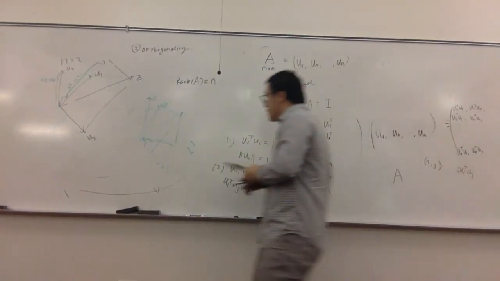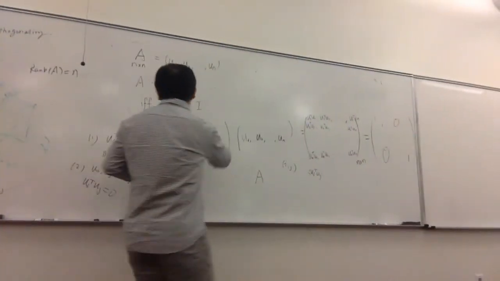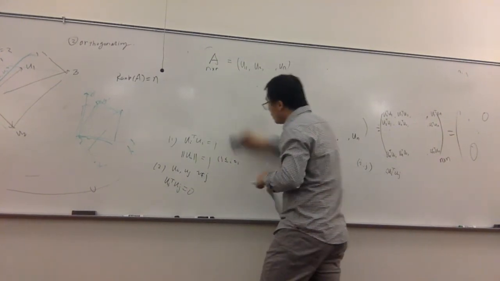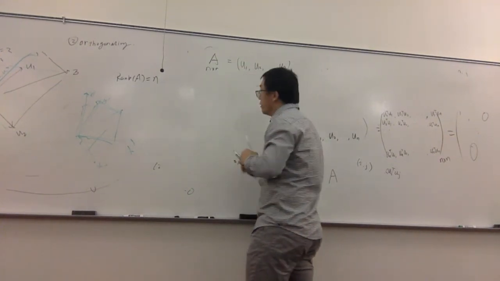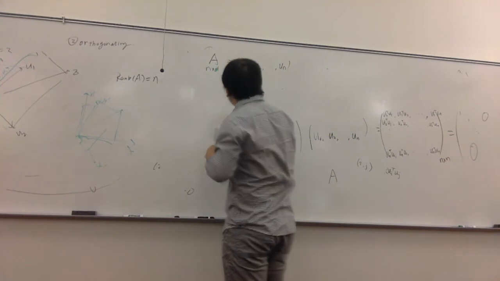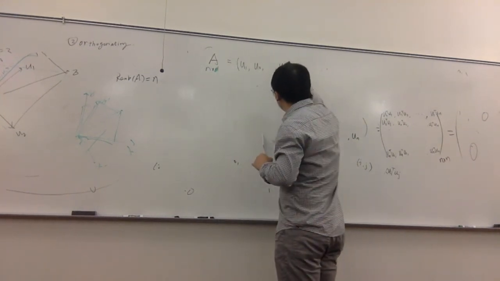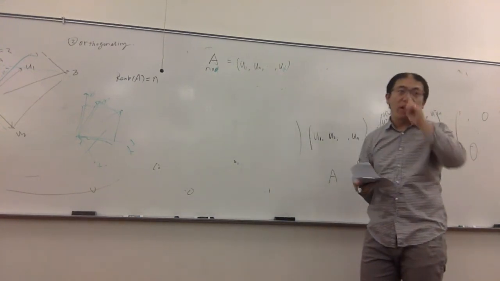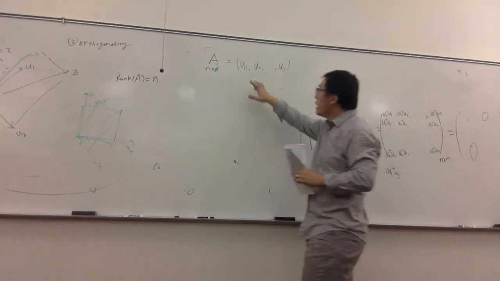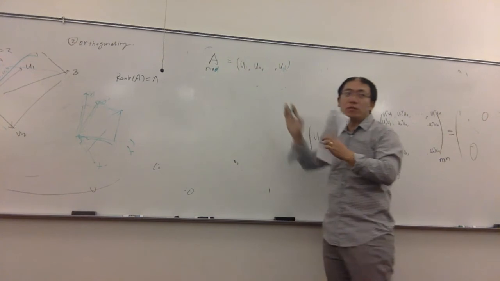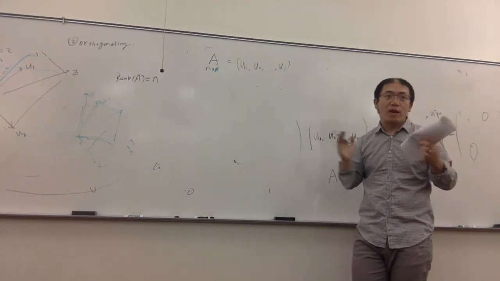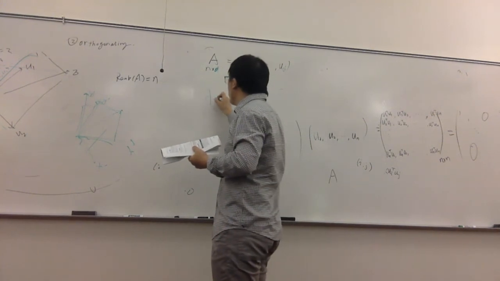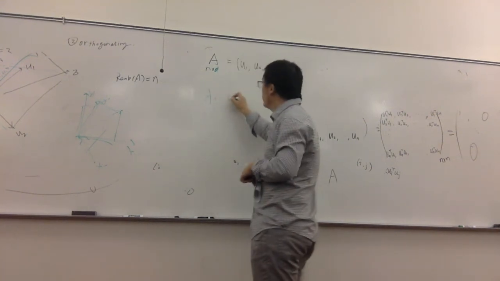And sometimes the matrix A is not a square matrix. Suppose it is just an n by d matrix, meaning that we only have d vectors. But if those d vectors are unit vectors and also orthogonal to each other, then we call this matrix A orthogonal.